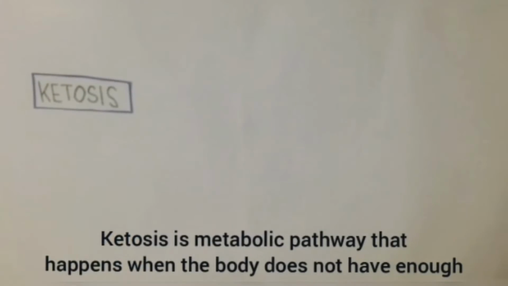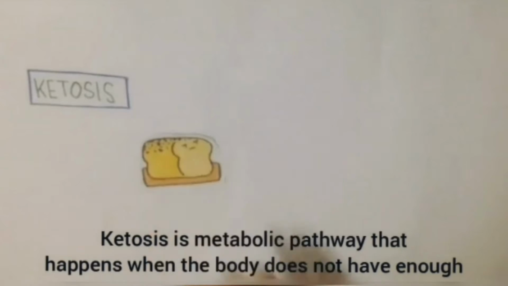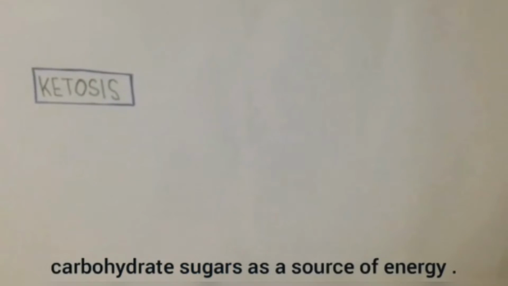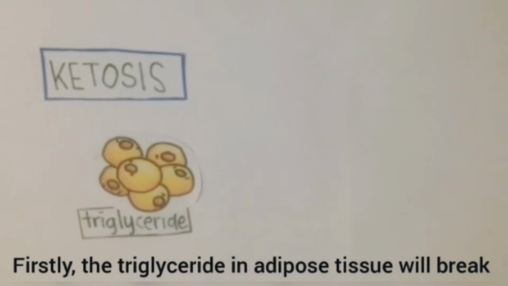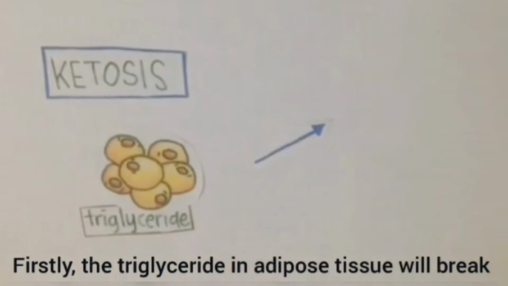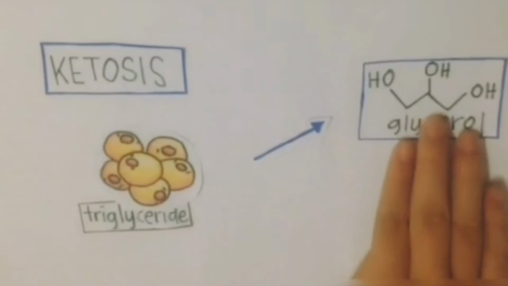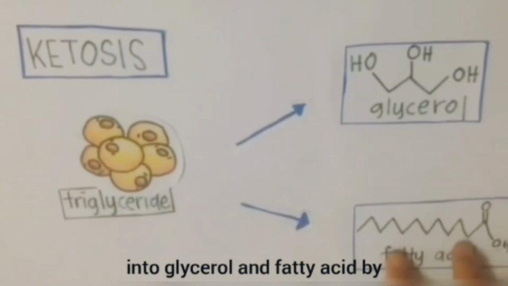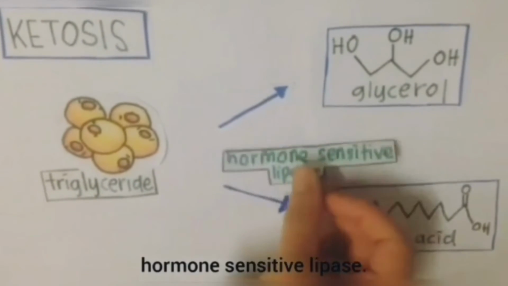Ketosis is a metabolic pathway that happens when the body does not have enough carbohydrate sugar as a source of energy. Firstly, the triglyceride in adipose tissue will break into glycerol and fatty acid by hormone-sensitive lipase.